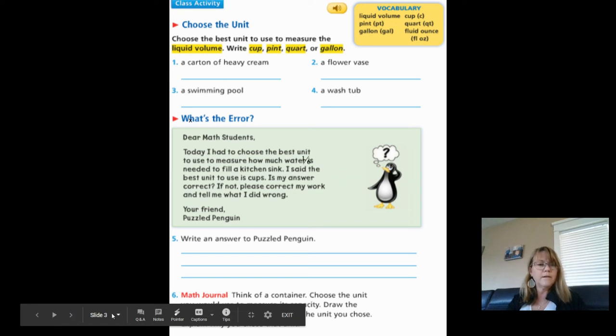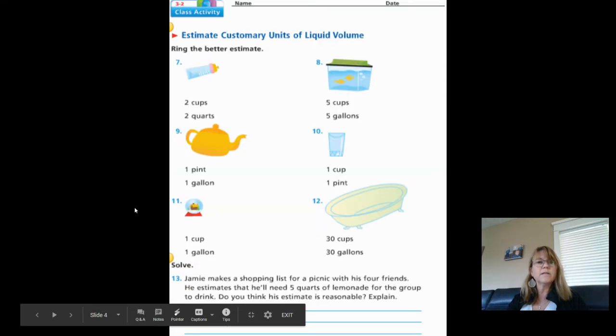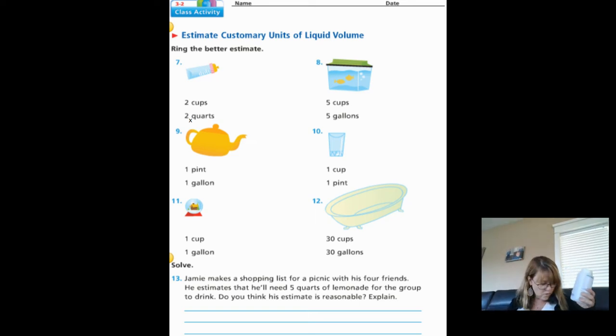There we go. Here we go. So let's check these measurements. So if I had a baby bottle and I filled it, would I fill it with 2 cups or 2 of these?